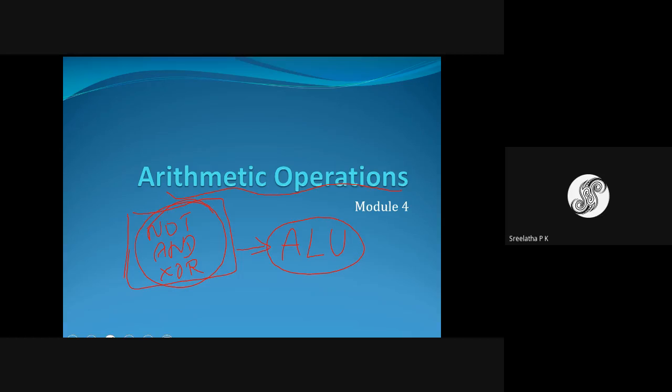Now we will see initially how these operations are performed: how signed numbers are represented, how the addition and subtraction operations take place, and how the circuit within the ALU does these operations. So that is the content of this module.